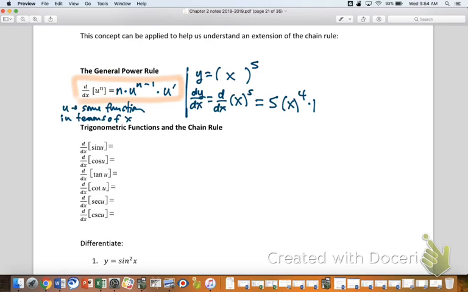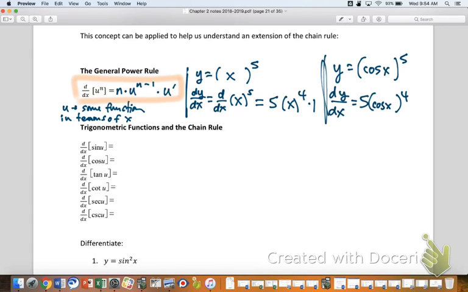Check this out. What if I said y equals, like I said before, cosine of x, quantity to the fifth? Now the chain rule factor isn't going to be a 1. So if I do the derivative, I'm going to say dy dx equals 5 times cosine of x to the fourth. But now when I multiply by the derivative of the inside, it ain't 1 anymore, is it?